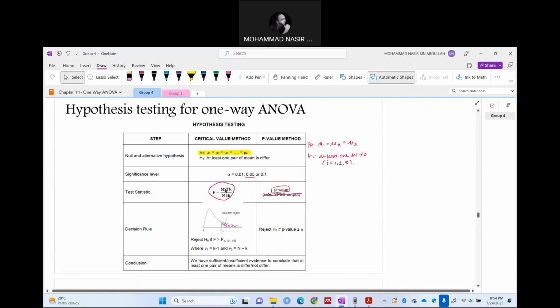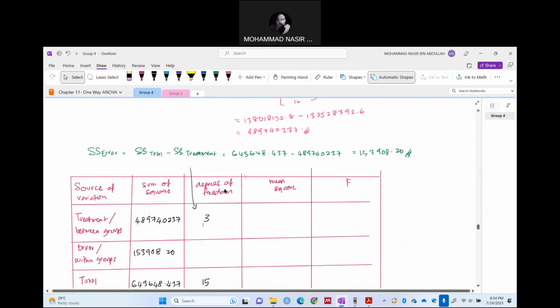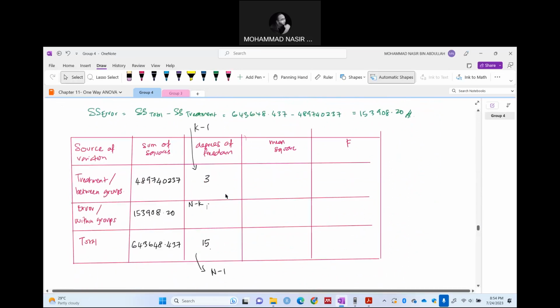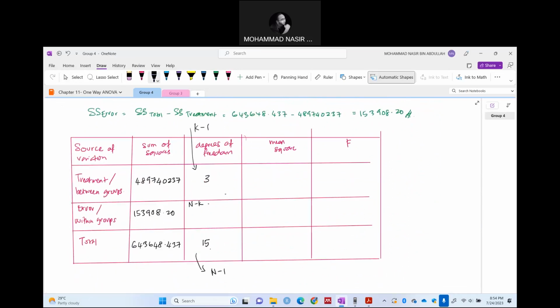We have 4 group minus 1. So this is K minus 1. And this is N minus K, which is 16 minus 4. Should be equal to 12. Right? Or we can get 15 minus 3 equal to 12. Okay.